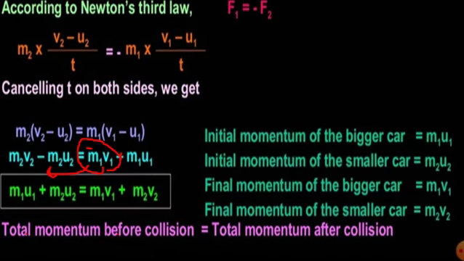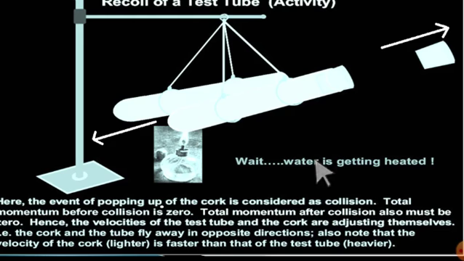I will give you one example, just to represent this again, the last one. You take a test tube onto a stand like this and fill it with some water, and you close its mouth, its opening end, with a cork. You fill a small amount of water first, and then you fix its opening with an airtight cork.